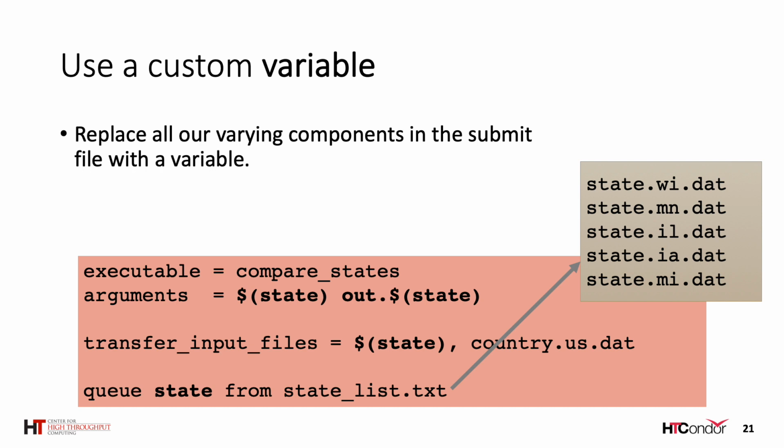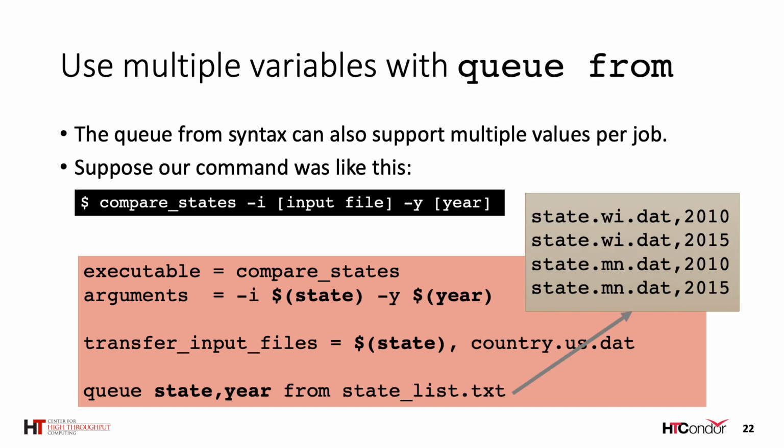As a side note, this Q from syntax is really flexible. If you have pairs or triples or several input values that are going to change for each job, you can simply make a list of all the different combinations that you would like to try in a separate file, and then use multiple variables, one for each item that you're trying to vary.